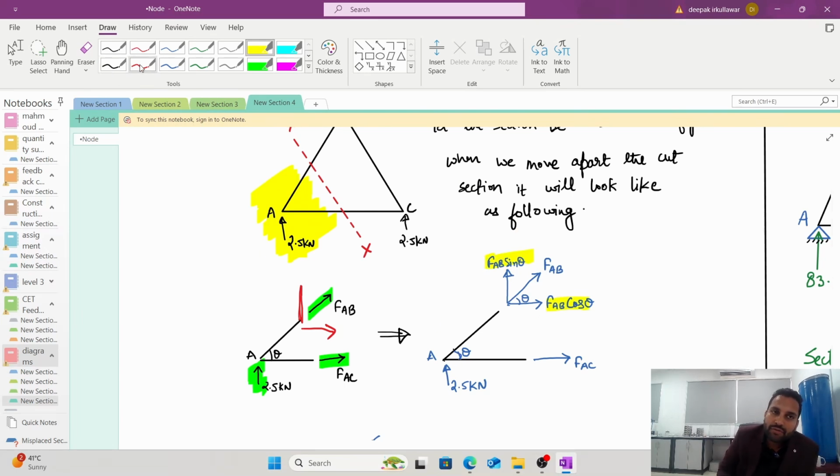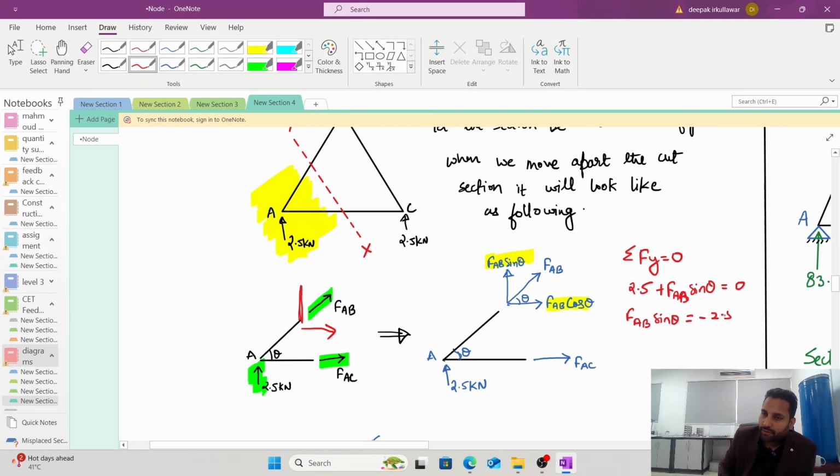Now, what you are supposed to do? Do the same thing. You have to do summation of forces in y direction equals to 0, that is 2.5 going up plus FAB sin theta equals 0. So, FAB sin theta is equal to negative 2.5.